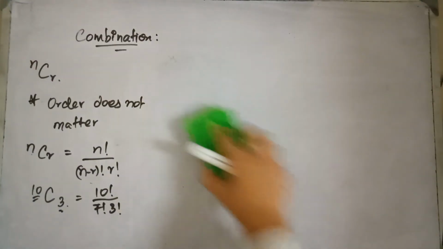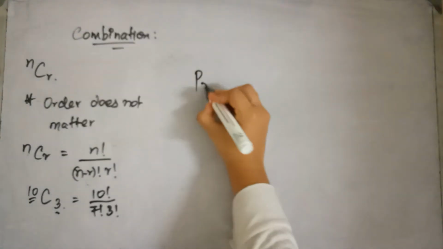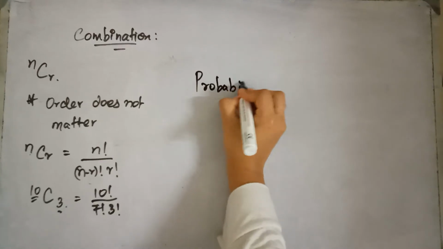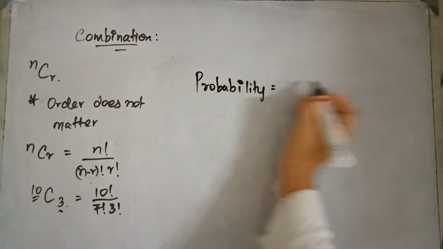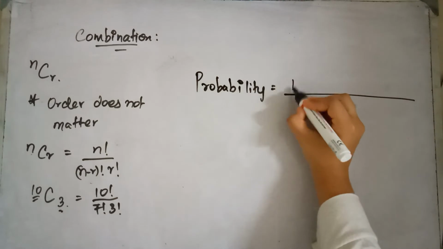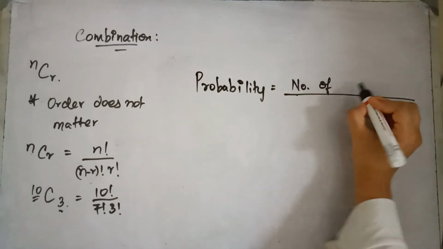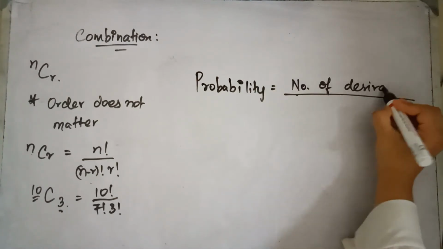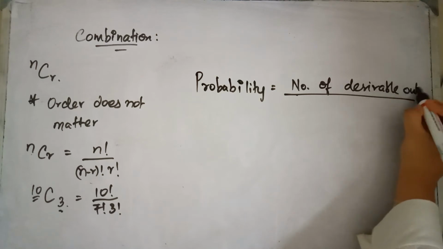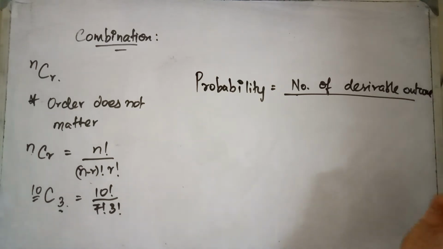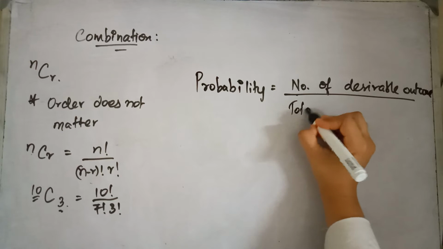Now let's look at the basic formula for probability. What is probability? Probability can be expressed as the number of desirable outcomes divided by total number of outcomes.